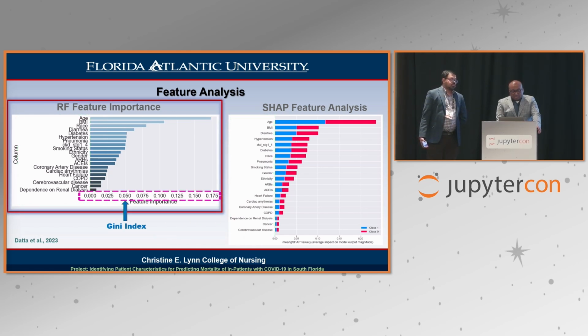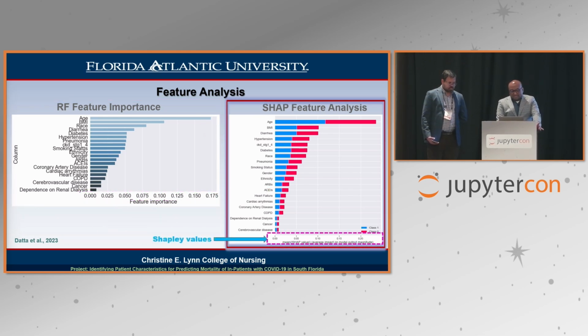Here you see how much the Gini index increases, and the most important feature. Age is the most important feature in this case, and in the other case age is also the most important feature. Then BMI, then diarrhea, then race here, and diarrhea there.